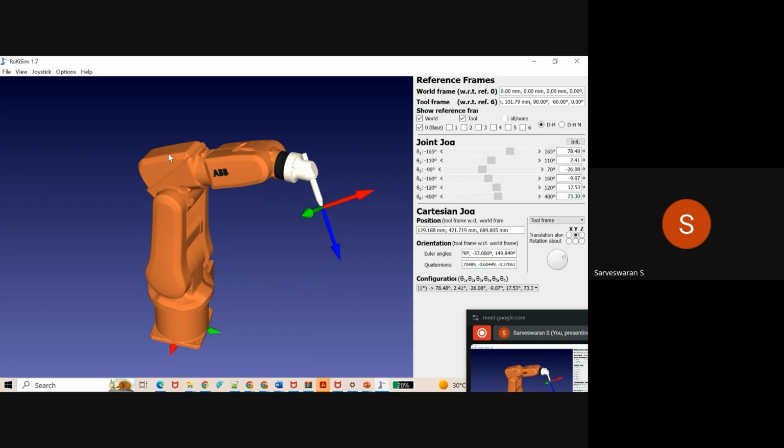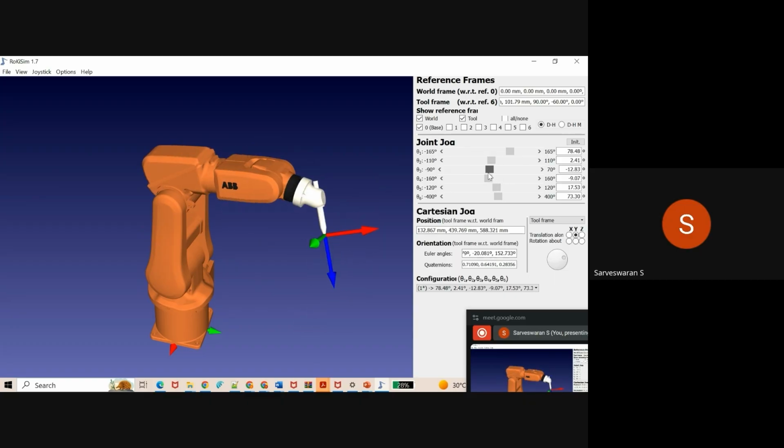Suppose in this joint 5, you have a 2.5 newton meter motor. For joint 3, whether you will get the same torque of 2 newton meter or a different torque, you will get something like 5 newton meter. That is the simpler calculation based on distance, but this is not the right procedure. I will tell you that procedure.